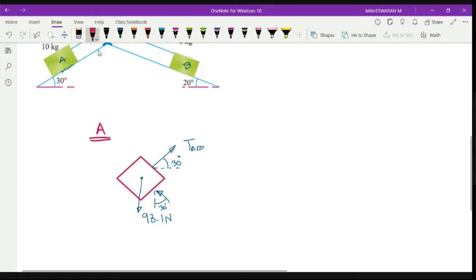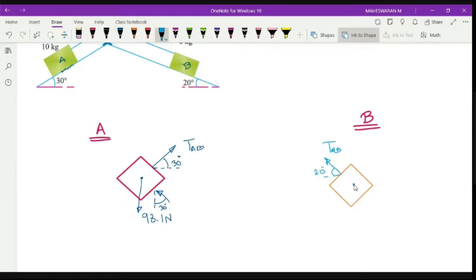Now if we consider block B, this block is something like this. Here you have tensile force TAB, which is acting towards this direction, and the angle is 20° with respect to horizontal.